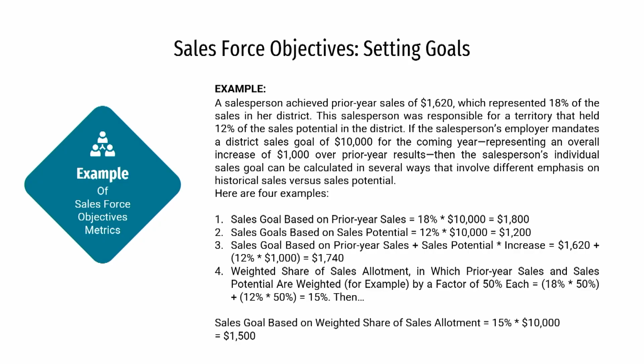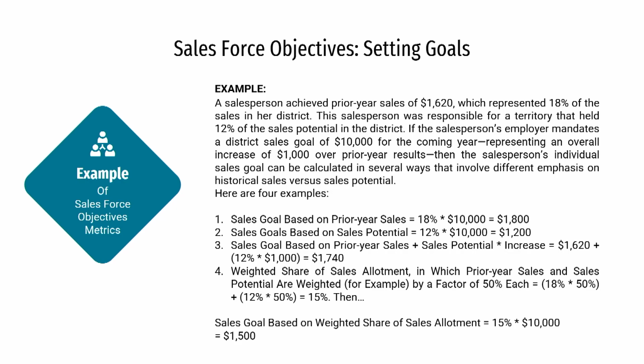But if I calculate the sales goal based on the sales potential without giving any consideration to sales performance in the last year, then in that case it will be just $1200, right. So, it accounts for a total of 12% of the sales potential of the entire district. That is why 12% multiplied by $10,000 gives us a value of $1200.